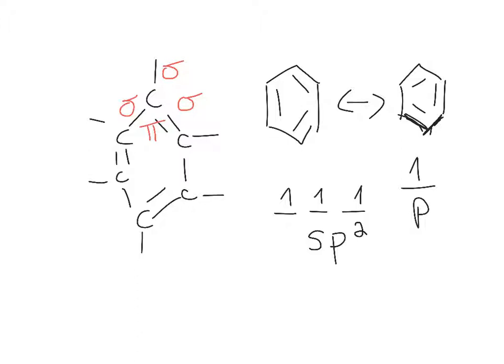And they know, based on X-ray structures, that the bond lengths between the carbons are identical. Single carbon-carbon bonds are longer than carbon-carbon double bonds. So they don't see in the X-ray structure big, small, big, small, big, small bonds.